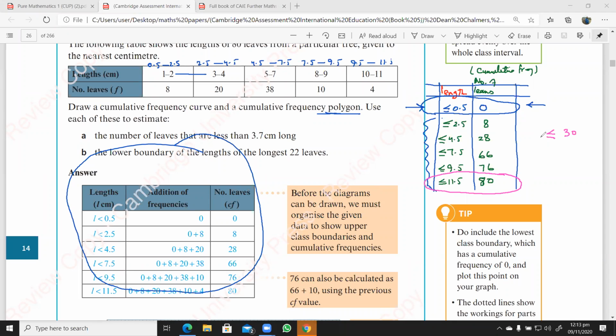Everyone, exactly. So if this is going to be marks which are less than or equal to 30, here is the total of the whole class, like all the frequency would be over here. Like there are 80 leaves which have been studied, so less than or equal to 11.5, that is going to be 80. So are you clear?